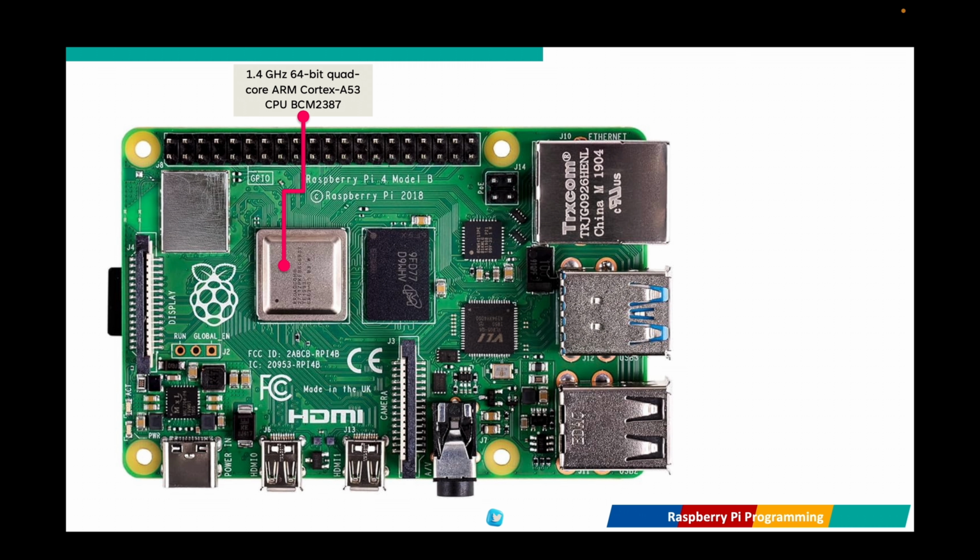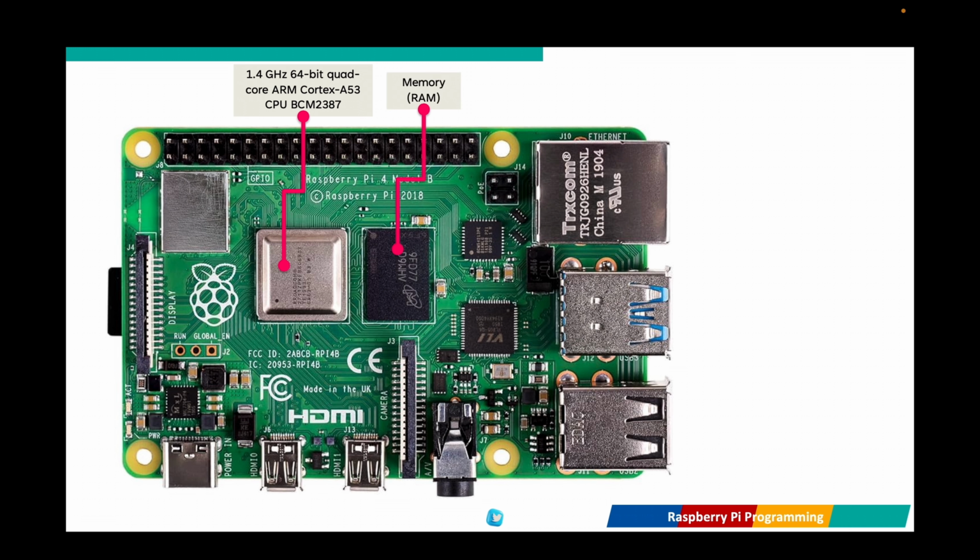This processor handles all computational tasks, from running the operating system to executing complex programs. It also includes an integrated VideoCore 4 GPU, which supports dual 4K display and hardware-accelerated video decoding.